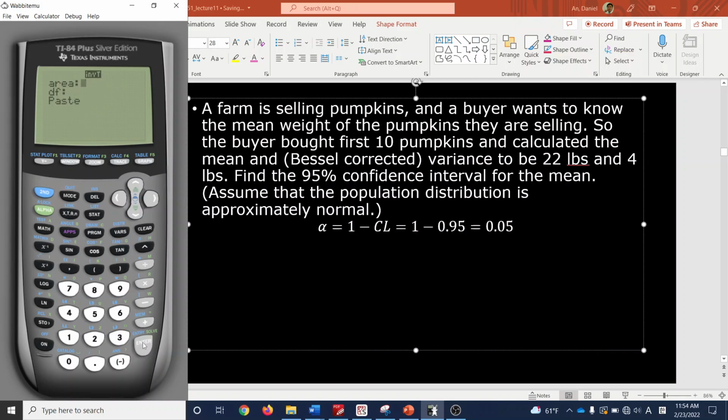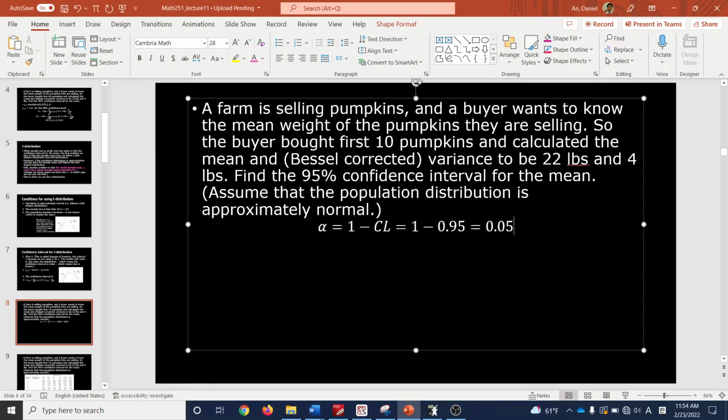All right, so what you do is the area that you have is 1 minus 0.05 divided by 2, right? And then you put the degrees of freedom. What's the degree of freedom here? I should have said that.